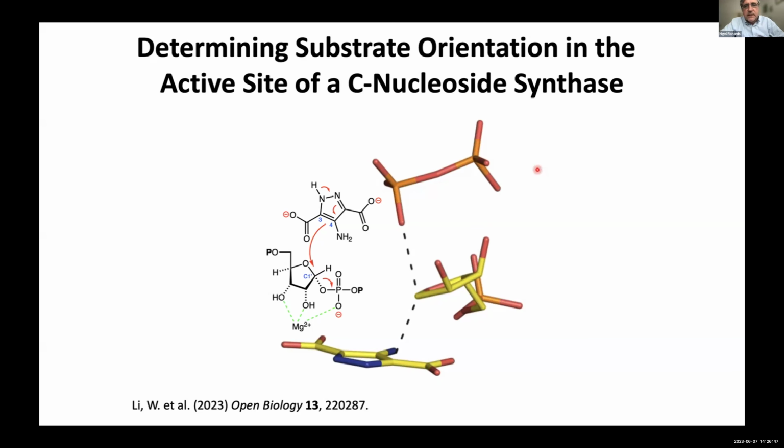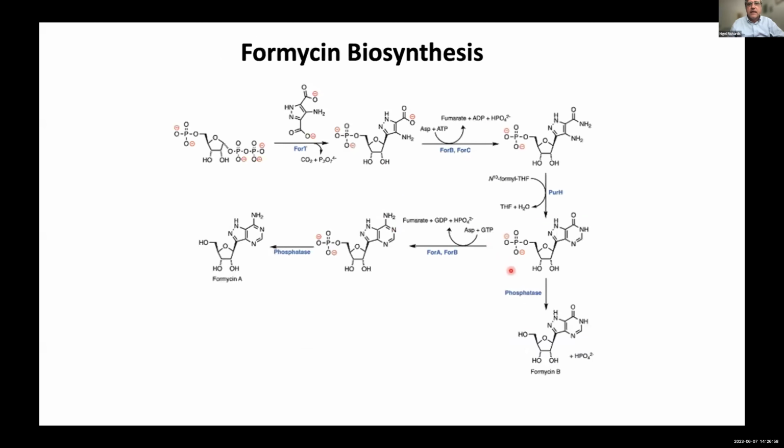So we're very interested in how to make carbon-carbon bonds, and especially to make novel antiviral agents. It turns out that a particularly good class of antiviral agents are nucleosides, but instead of having a normal carbon-nitrogen bond between the sugar and the nucleobase, we have a carbon-carbon bond.